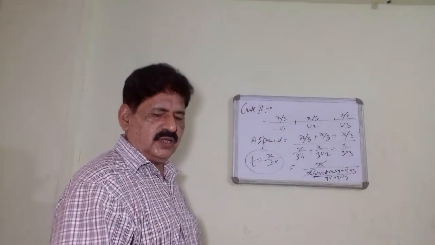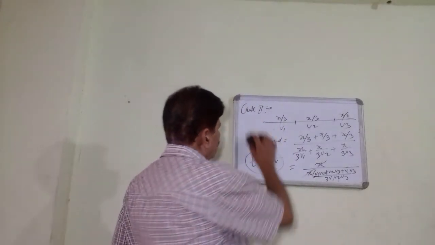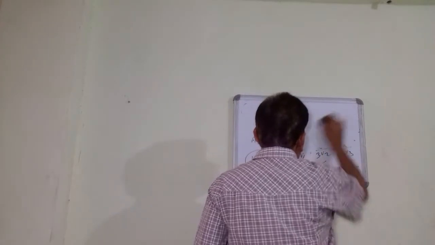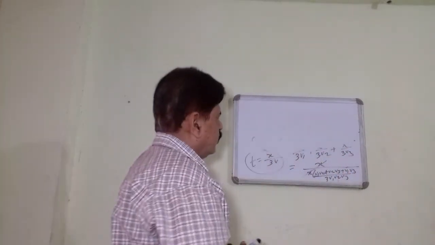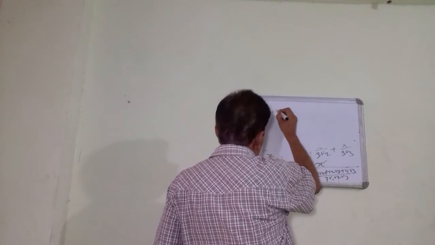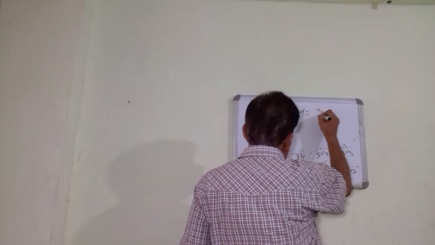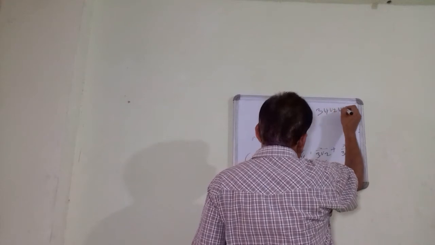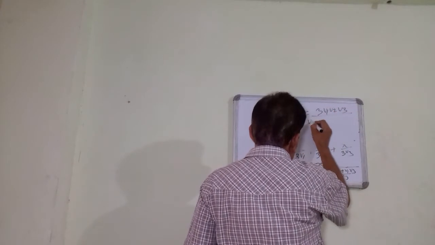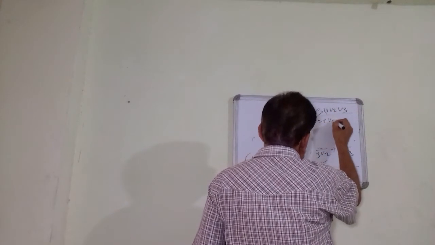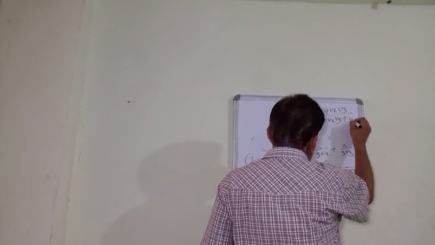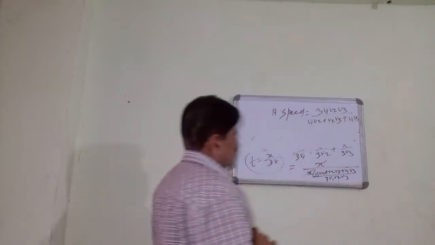So finally the average speed becomes 3 v1 v2 v3 upon v1 v2 plus v2 v3 plus v3 v1. This is the case.